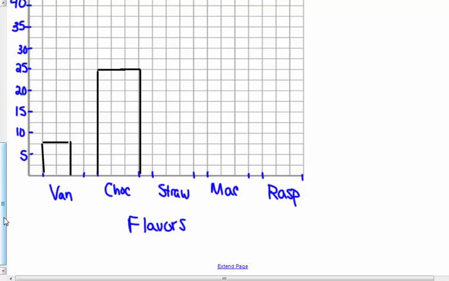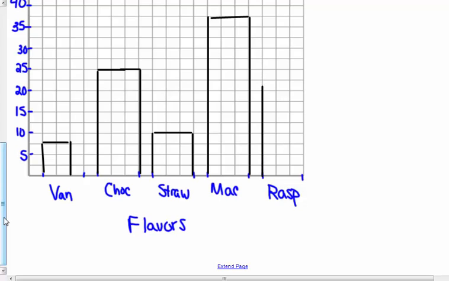Strawberry was 10%. A bit more than that vanilla one. You can see I'm using a ruler. Macadamia is 37.5. That's going to be the nice tall one. That's halfway between 35 and 40, which is 37.5. So using 5s was actually a good idea on the axes there. And raspberry would be 20%.